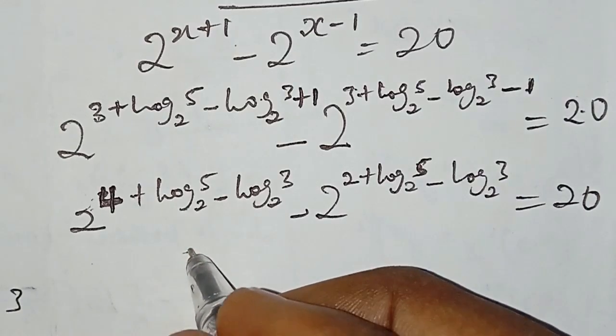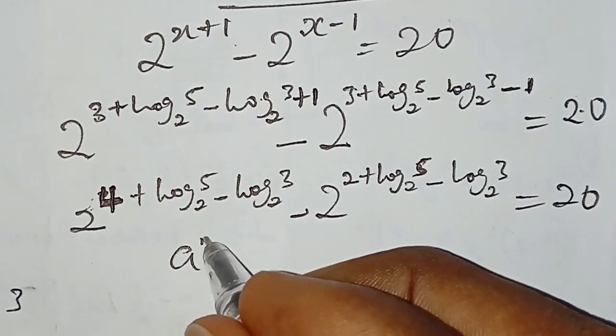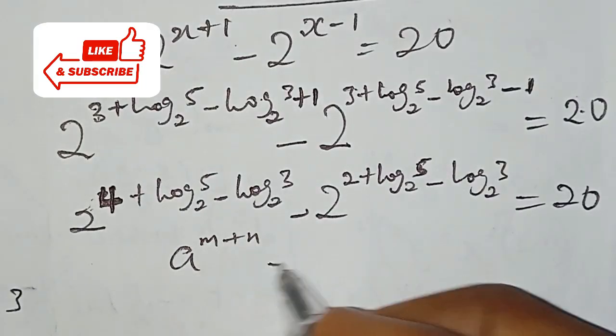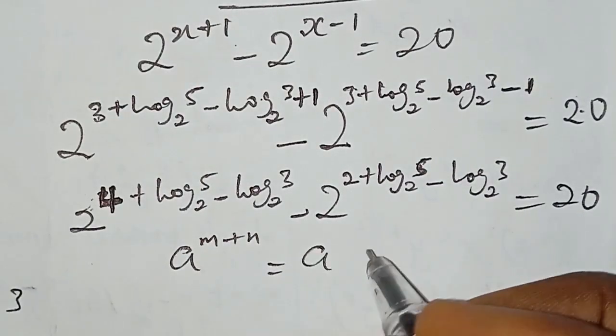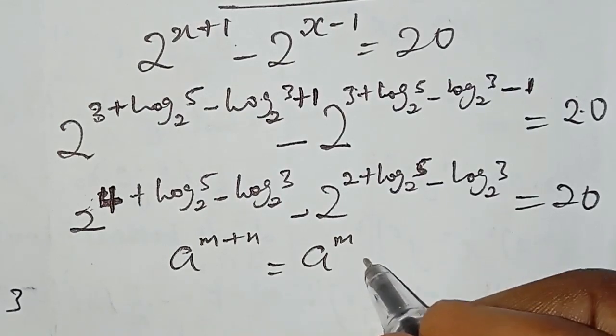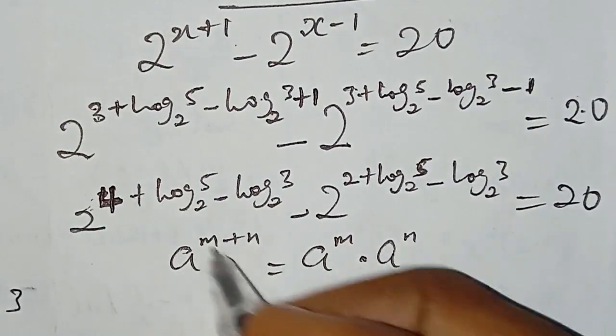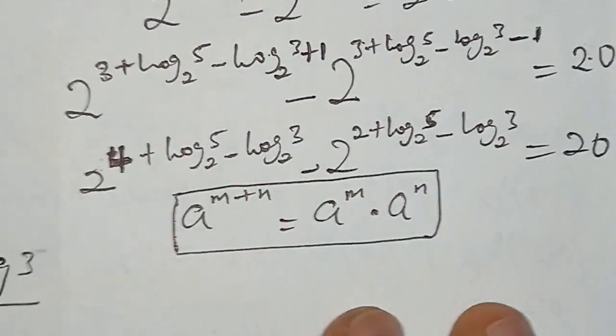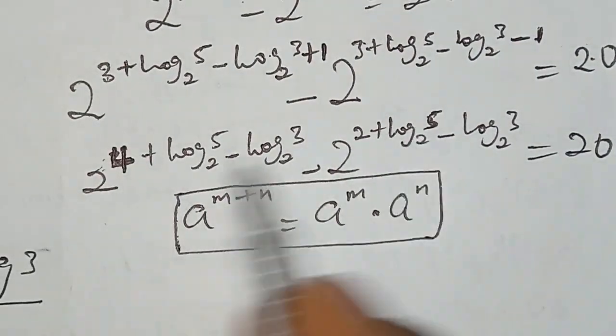If we have base A power m plus n, we write them as resulting answer to be base A power m multiplied by base A power n. So we are going to use this identity again to simplify this.